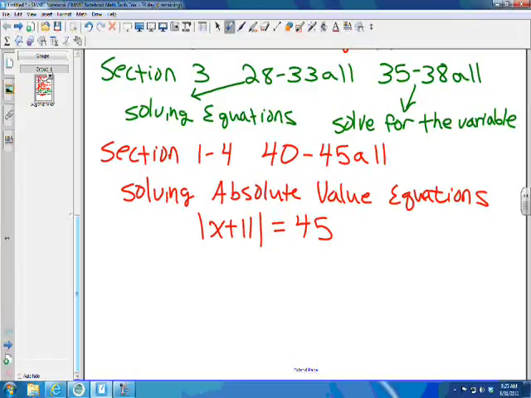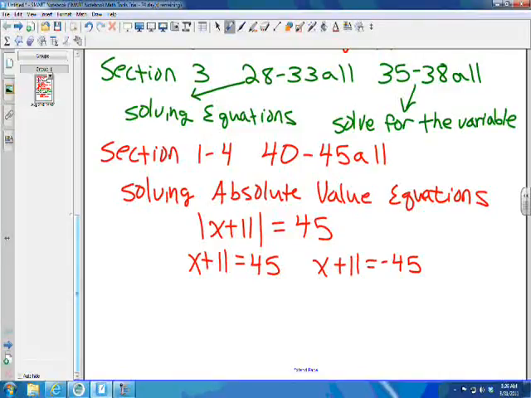Doesn't matter. Since that's absolute value, you cannot just subtract 11 here. I cannot say that enough, because I promise you there will be some people that will do that on Friday on the test. You can't solve it when it's inside absolute value. You have to split that up. And you're going to do the same thing on all these problems.